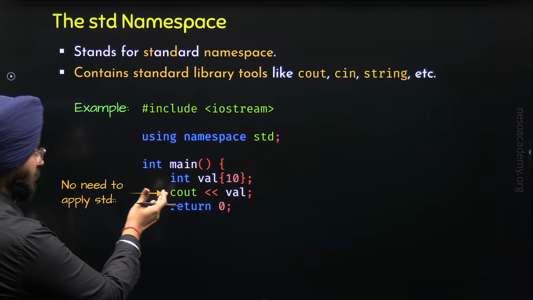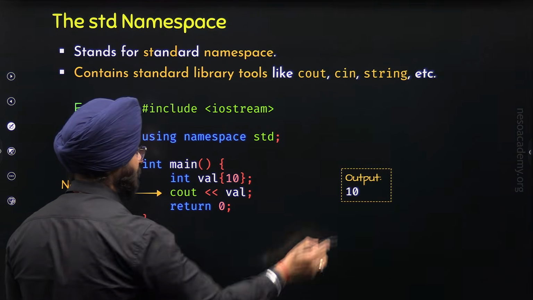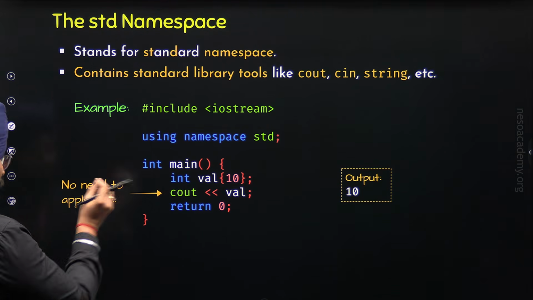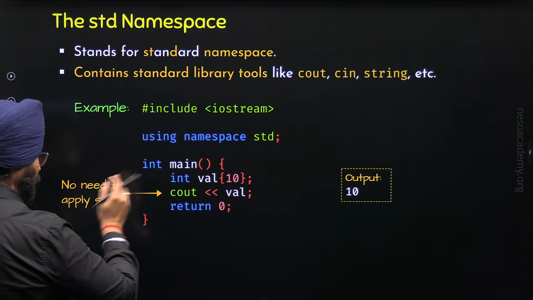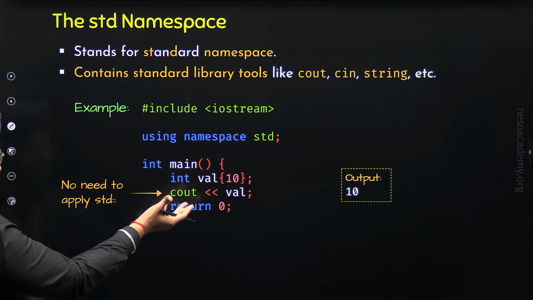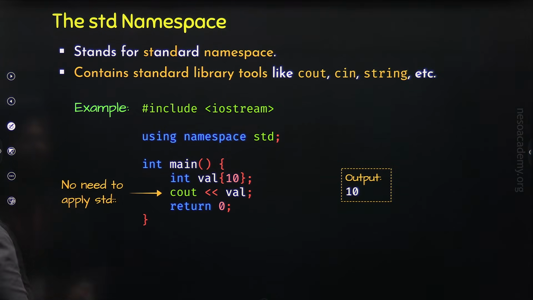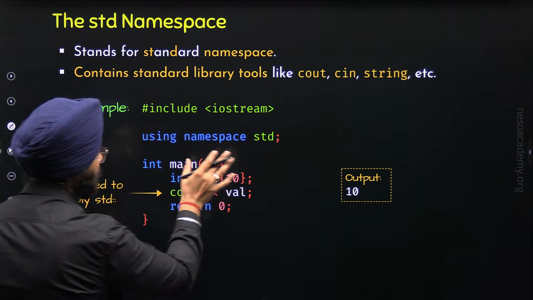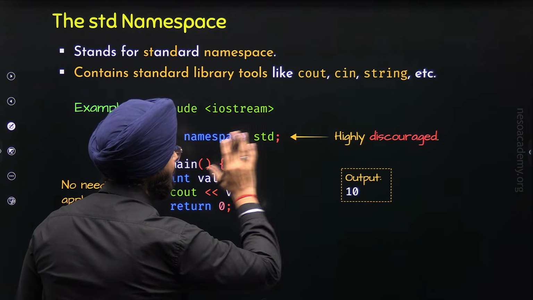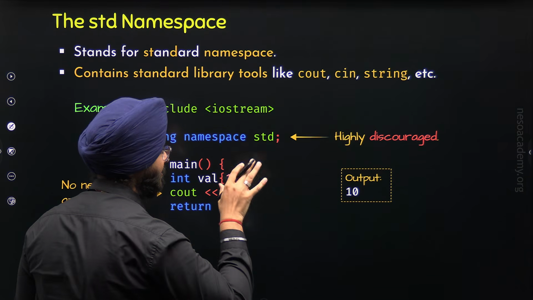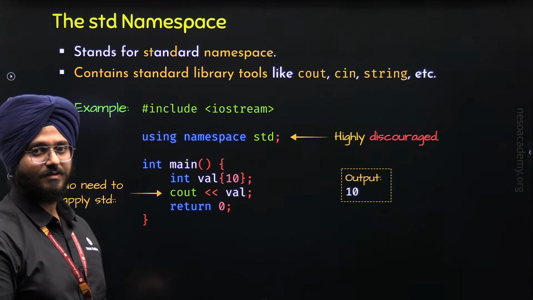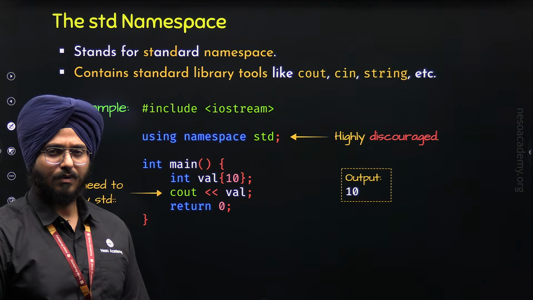Now when we execute this program, we will get the same output 10. There is no need to specify std:: because we are already telling the compiler that we are using the std namespace. Also, I want to mention this, that following this practice is highly discouraged among C++ developers. The reason is quite simple.